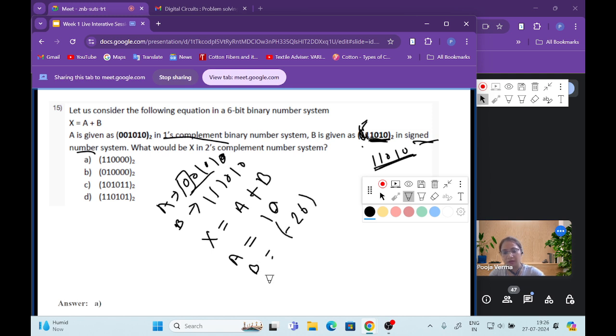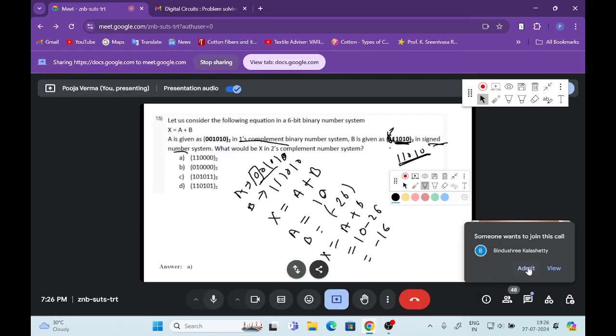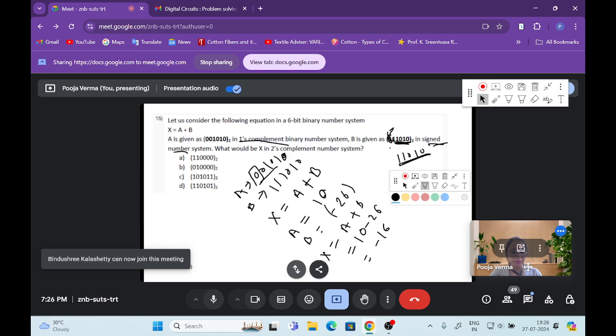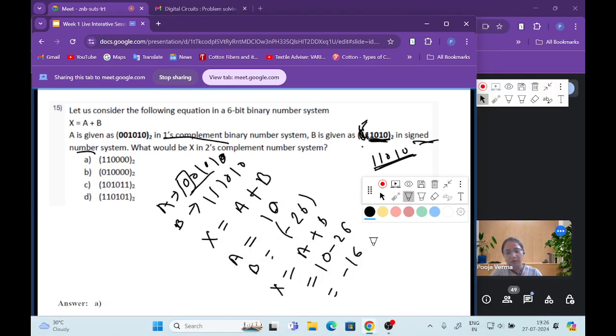Okay, so if you want to calculate in decimal, a plus b means 10 minus 26. It is one way to solve the problem. I will tell you the other one also. You will get minus 16. Now convert to binary. What is the binary equivalent of minus 16?